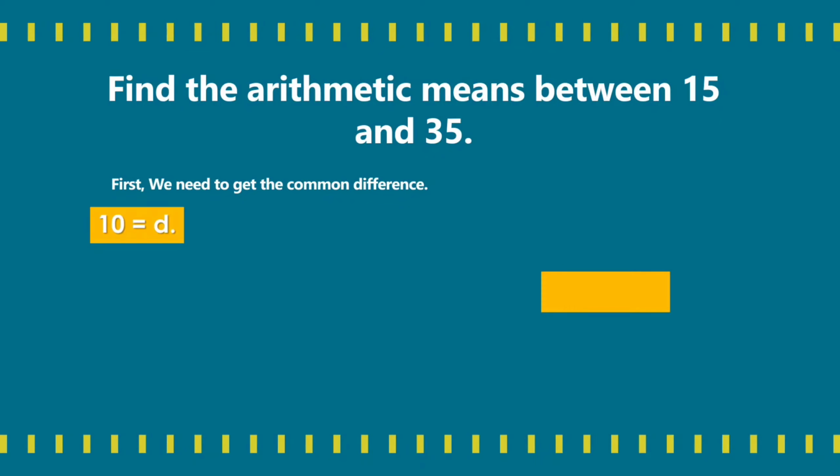After getting the common difference 10, we will now find the arithmetic mean between 15 and 35. Because we are getting the second term of the arithmetic sequence, our a sub n becomes a sub 2, our a sub 1 is 15, and our n is 2 because we are finding the second term. Minus 1 times 10.